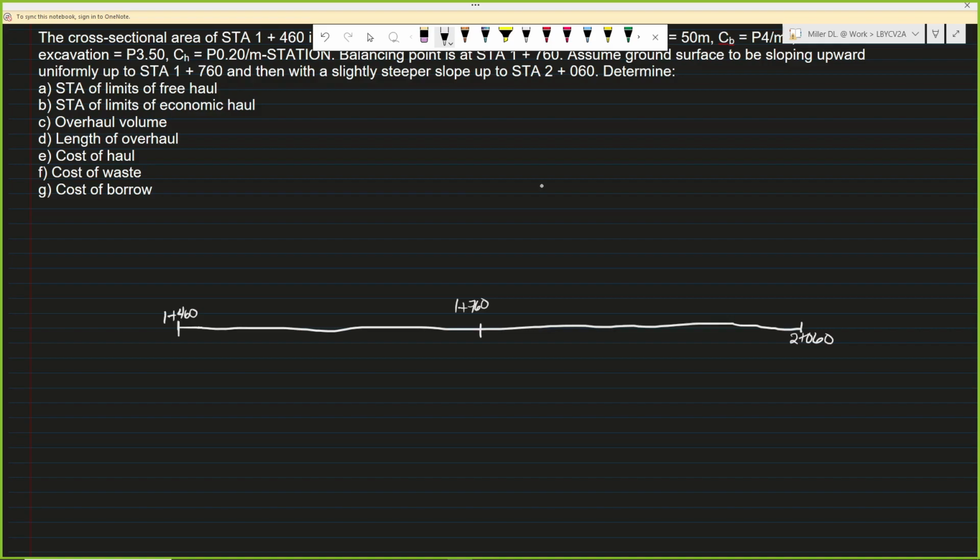What's the distance between 1460 and 1760? 300. And on the other side, we have 1760 and 2060. What is the distance again?